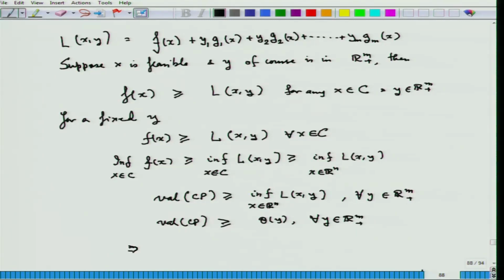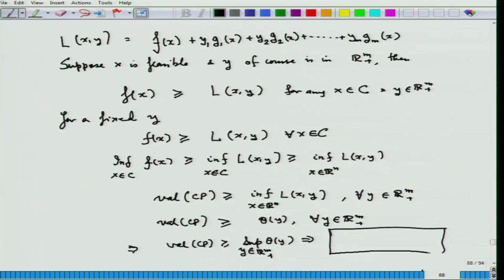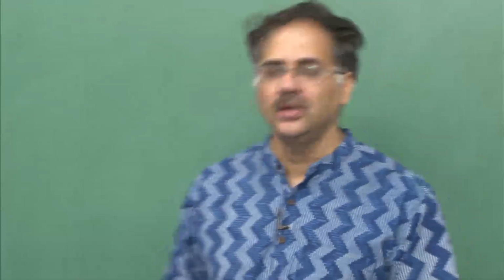This would imply that the value of Cp, which is a fixed number, so I can operate supremum over y on both sides, but the supremum will have no effect on this side because it is independent of y. So, this finally boils down to the following fact, this is the value of dp. This says that the value of Cp is bigger than or equal to the value of dp, which we got in a very straightforward way, and this is called weak duality.